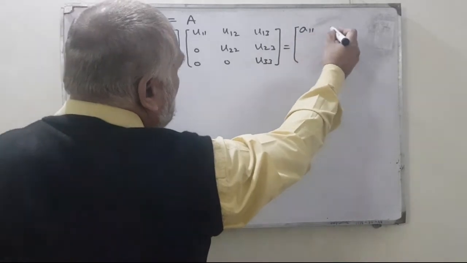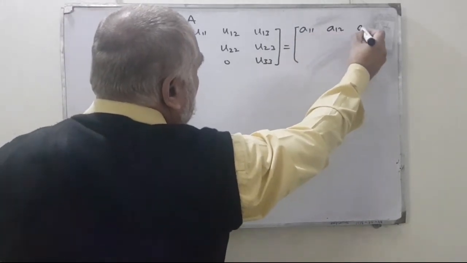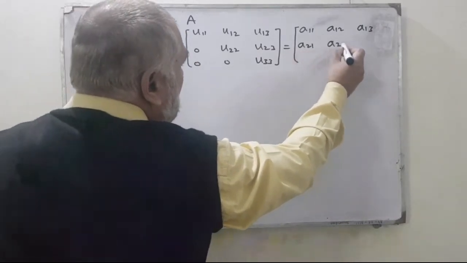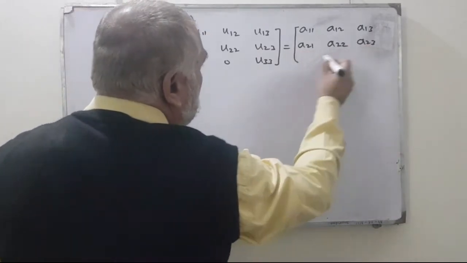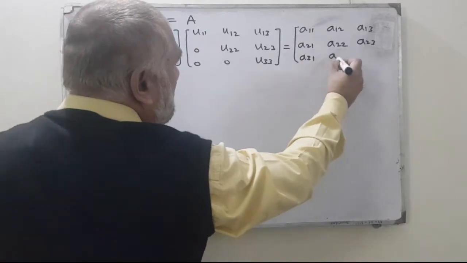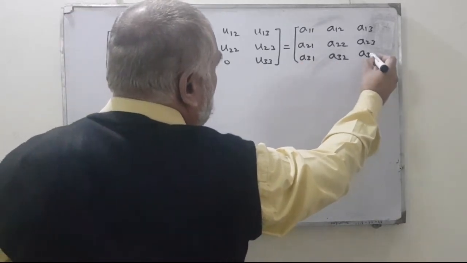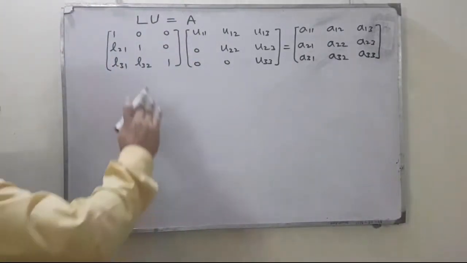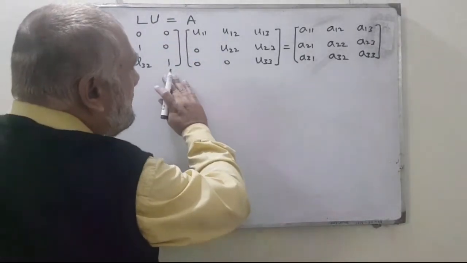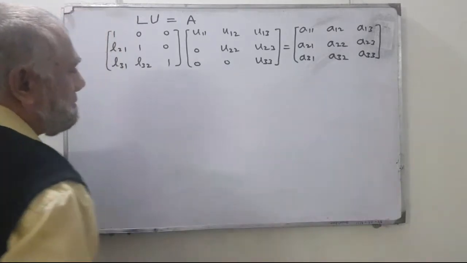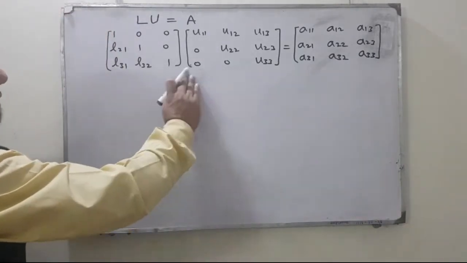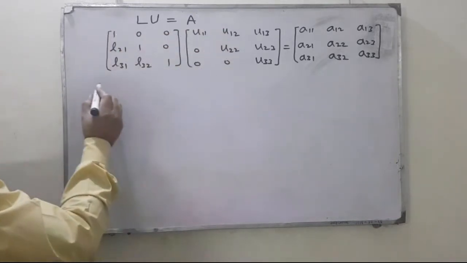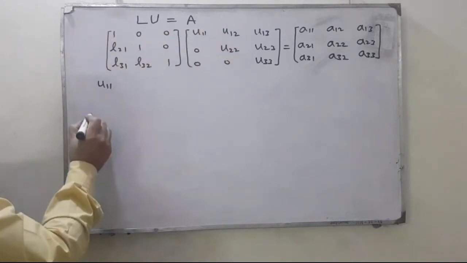If you remember, we have shown it by A11, A12, A13, A21, A22, A23, A31, A32 and A33. Now we have two matrices on the left side, and the product of these two should be equal to this one. Now if we take the product of these two, what do we get? Row number 1 with column number 1 will give you U11.